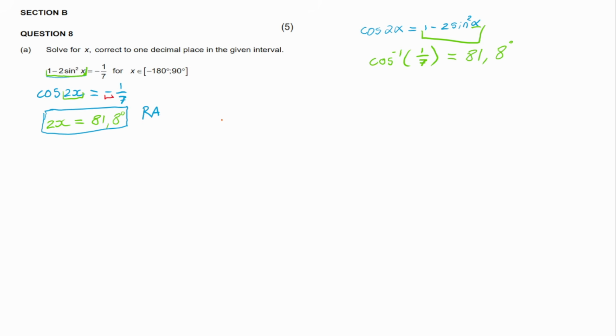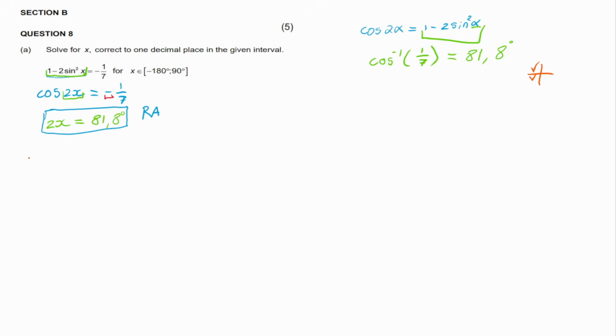Let's have a look. We have cos 2x is equal to negative 1 over 7. If we do our cos diagram, you should remember that cos is negative in quadrants 2 and 3.